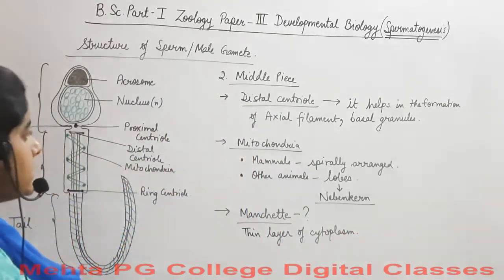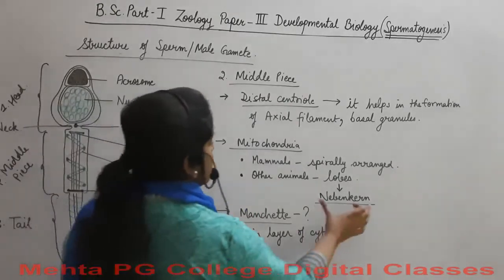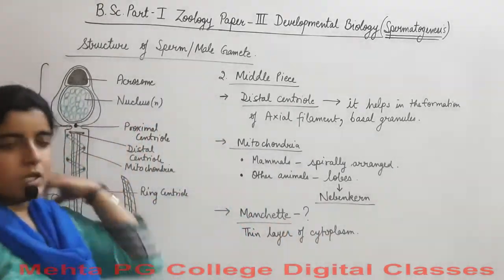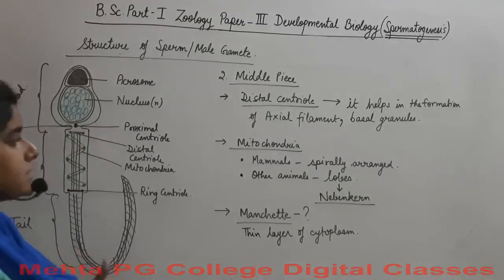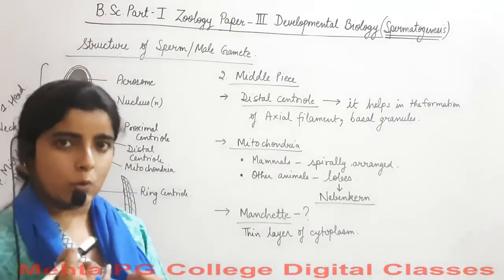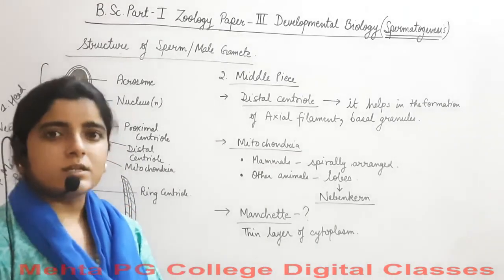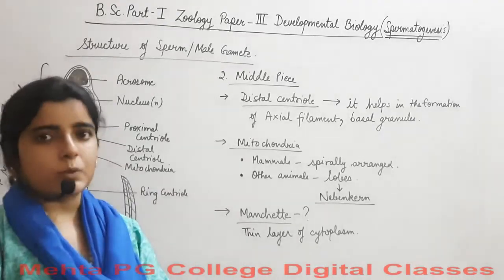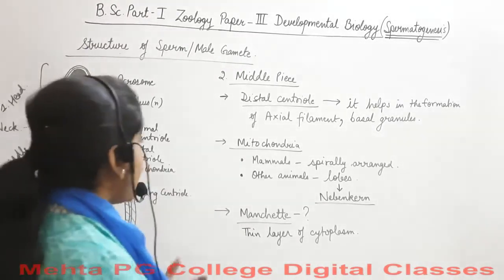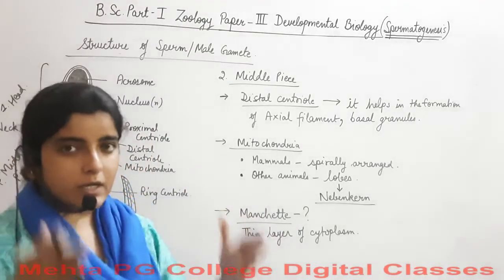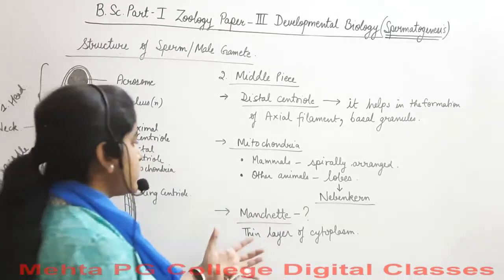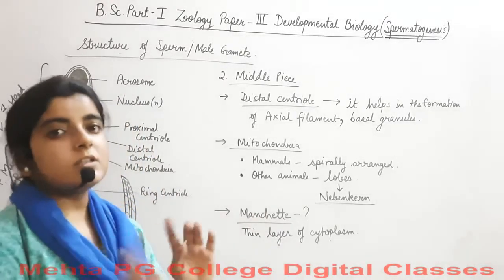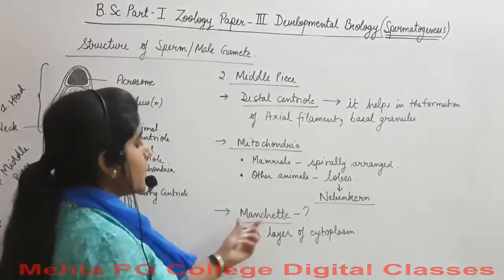These two things are important: what is Nebenkern and what is manchette? Nebenkern is a structure of mitochondria present in animals other than mammals, in which the mitochondria are arranged in lobe-like structures. And the manchette means the middle part of the male gamete contains a thin layer of cytoplasm around the Nebenkern arrangement.